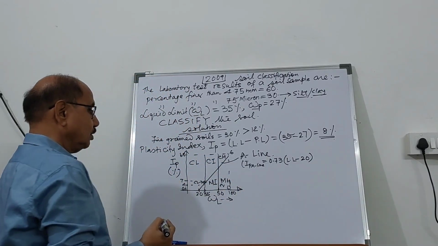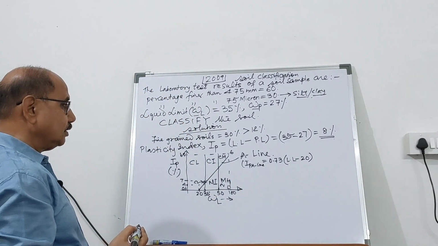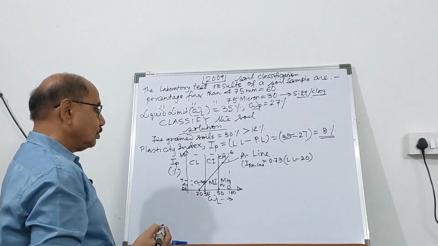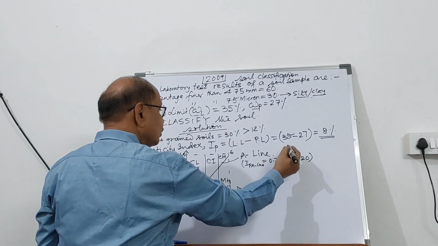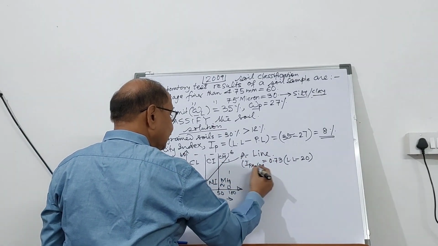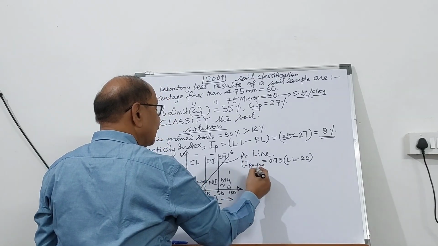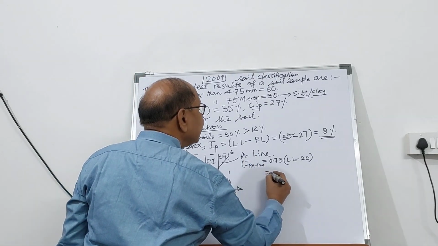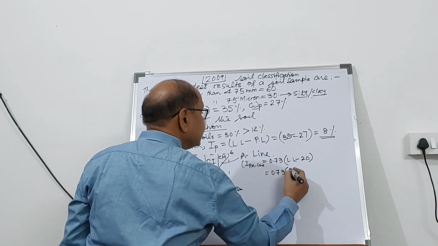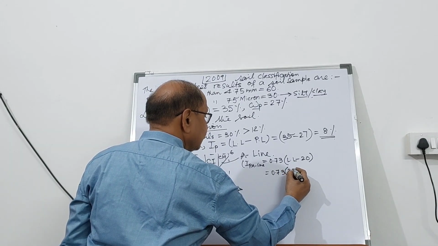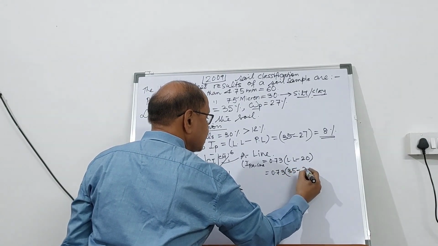This is the equation of this A line. So now your liquid limit is known to you. So what is the IP of the A line? IP of the A line is 0.73 times liquid limit, 35, minus 20.